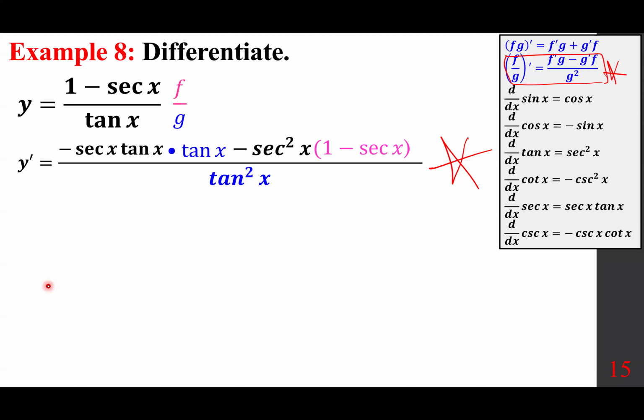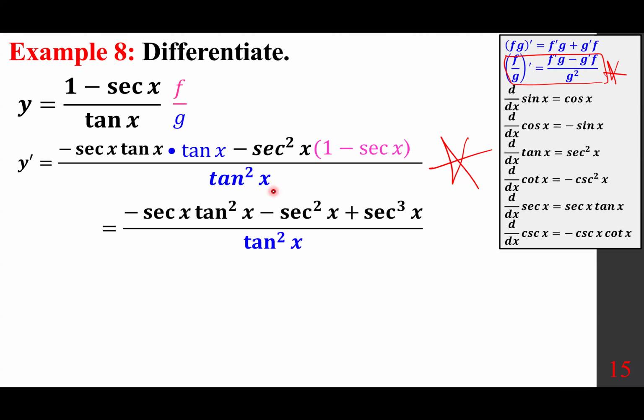But of course, it's not finished. So we're going to finish that. To do so, we have negative secant x tan squared minus secant squared x plus secant cubed x, the denominator remains unchanged. And we notice in the numerator, all of them have a common factor of secant x.